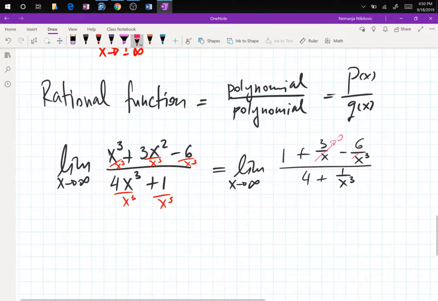So that goes to 0, that goes to 0, that goes to 0, and the answer is 1/4. This is the way you will deal with rational functions. Your job is to find the highest exponent, in this case x cubed, and divide everywhere by that highest exponent. And it will give you values.